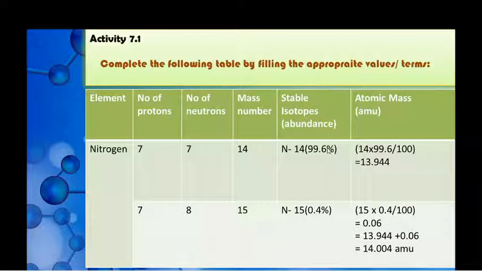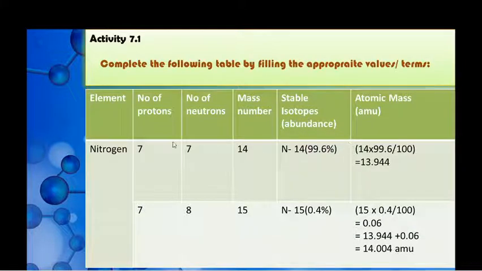This percentage gets converted by dividing by 100. So 14 into 99.6 divided by 100, what we get is 13.944 AMU. This is the relative atomic mass for the N14 stable isotope.